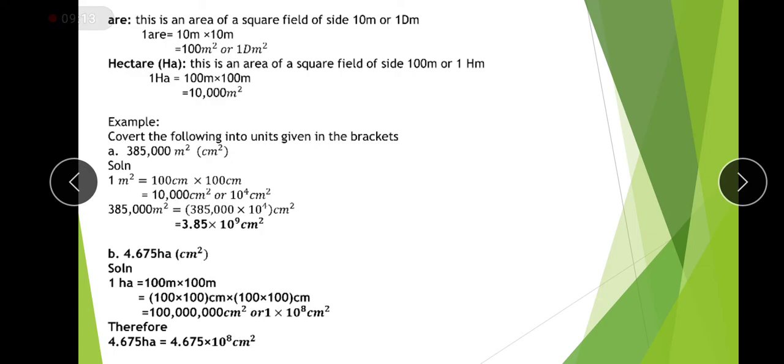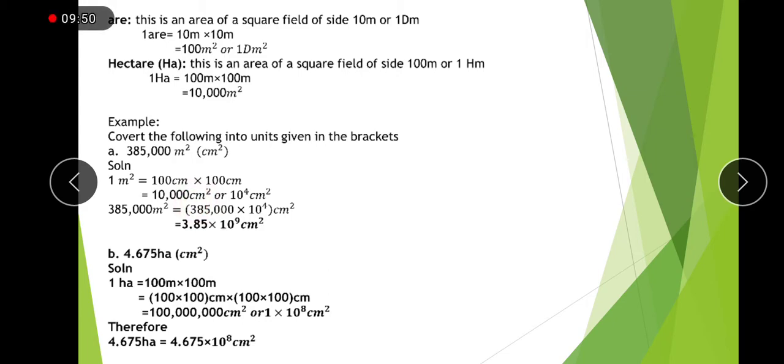Now, let's go to examples. Convert the following into units given in the bracket. Example number 1, we have 385,000 square meter. We want to convert it to square centimeter. We know that 1 square meter is equivalent to 100 centimeter multiplied by 100 centimeter, which is 10,000 square centimeter.